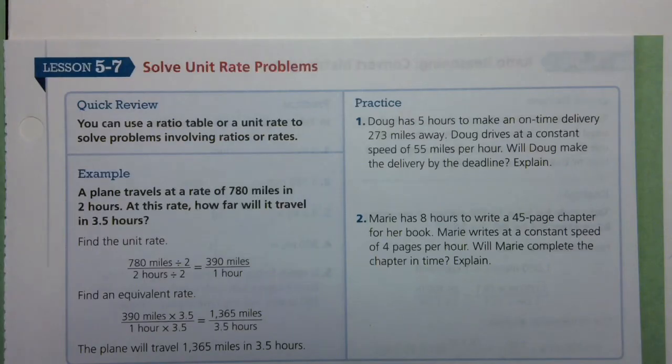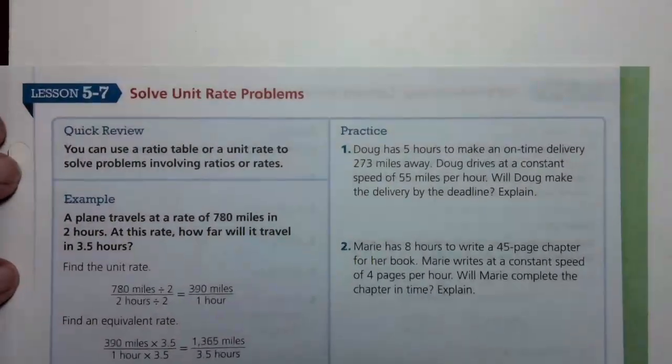Okay, lesson 5-7 was solve unit rate problems. Doug has 5 hours to make an on-time delivery that's 273 miles away. Doug drives at a constant speed of 55 miles per hour. Will Doug make the delivery by the deadline?